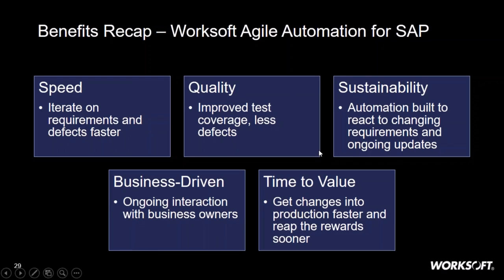Okay, so in summary, as I said, Agile is here. It's something that we have to adapt for SAP. Agile is really targeted at speed, getting requirements and functionality built out and into the user's hands, so that's very business driven.